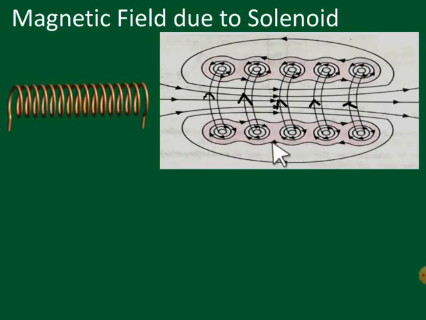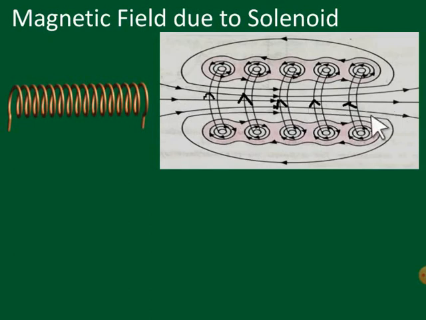So what happened? When current is passing through these two ends of the solenoid, due to that current, a magnetic field will be developed around this current carrying conductor. For this conductor also, similarly. So the total magnetic field of this solenoid will be along its axis.